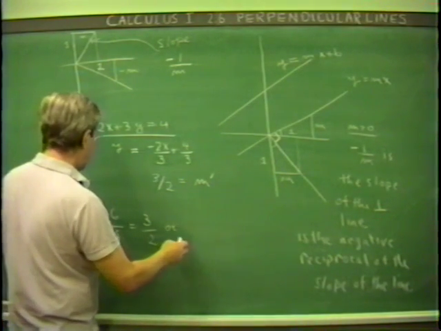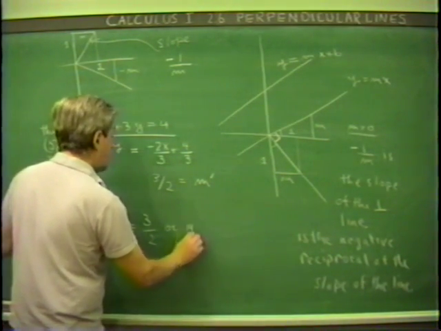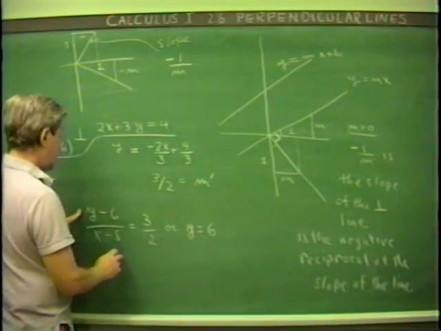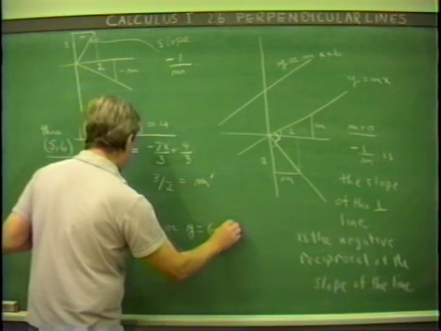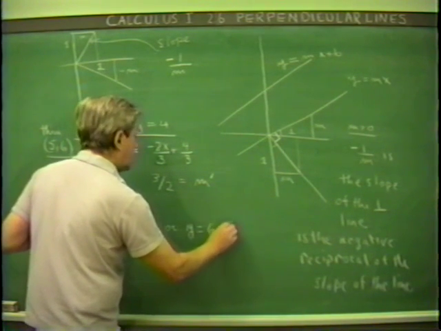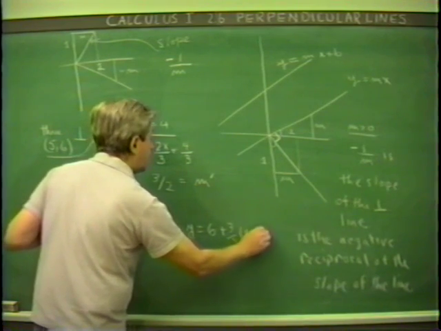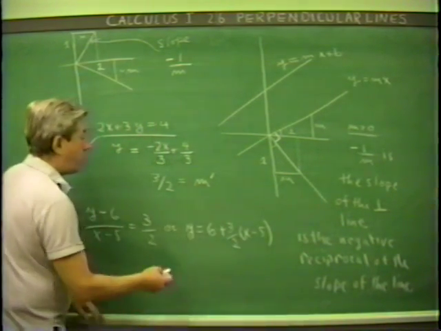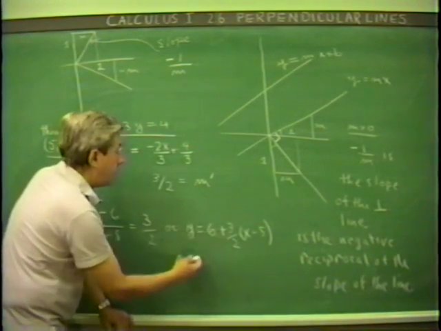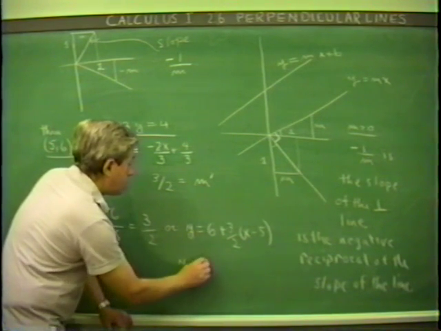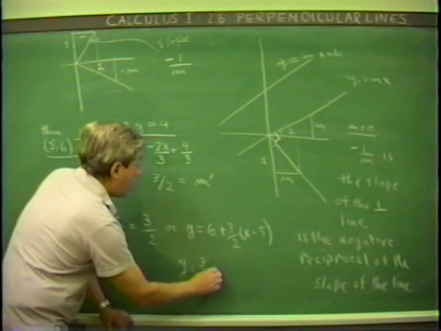or multiplying through here, y is equal to 6 plus 3/2 times (x minus 5). Or putting this in slope-intercept form, y is equal to 3/2 x.